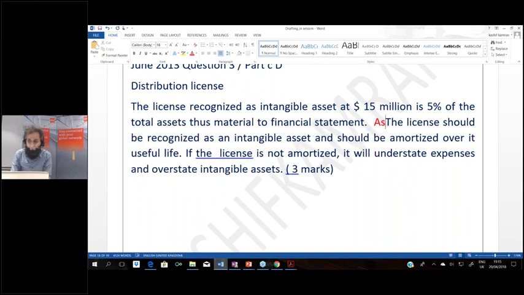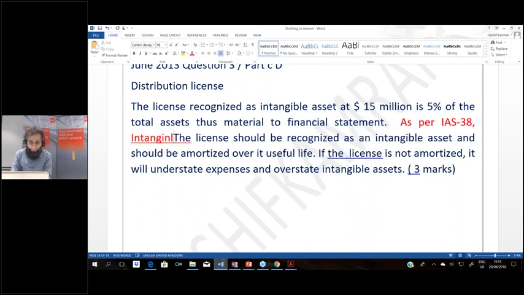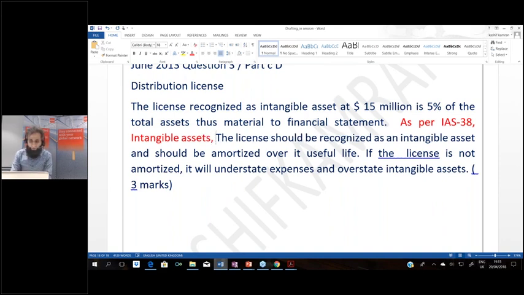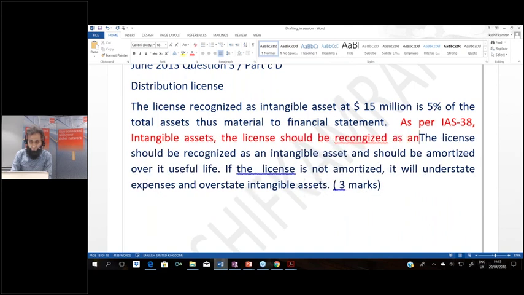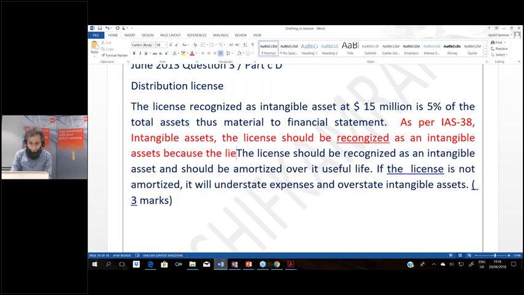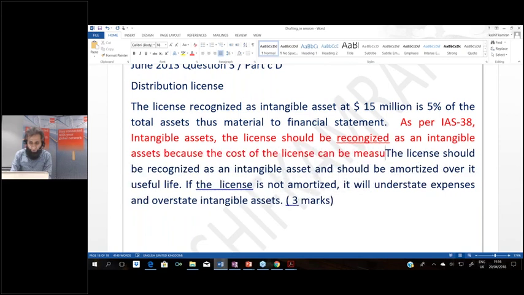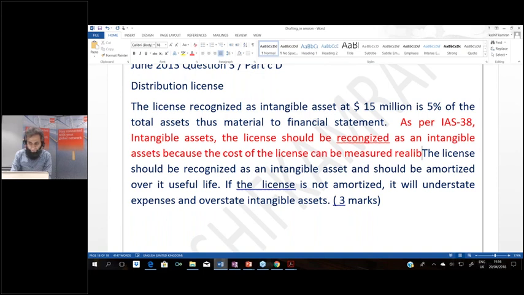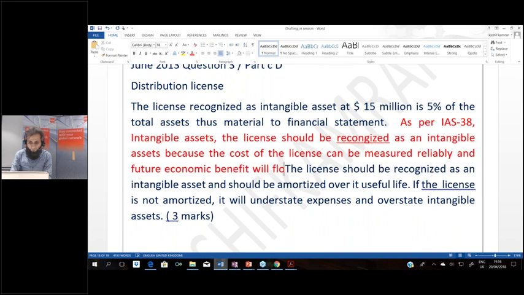Student will say, as per IAS 38, comma, intangible assets, comma, the license should be recognized as an intangible asset because the cost of the license can be measured reliably and future economic benefit will flow to the company, right?